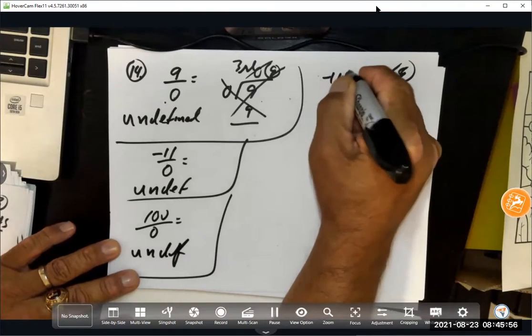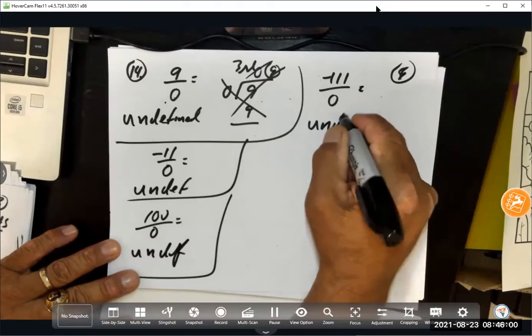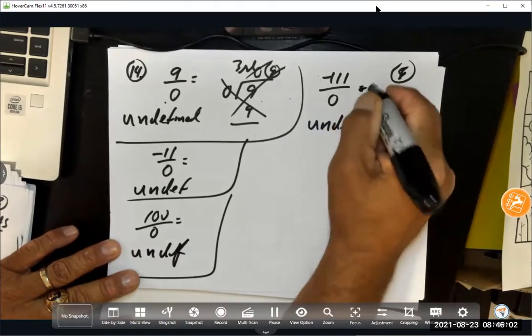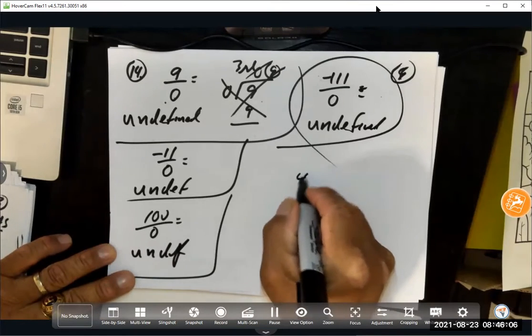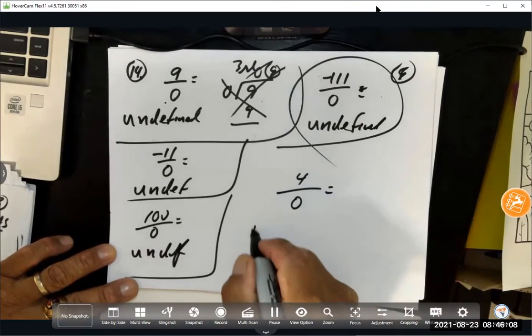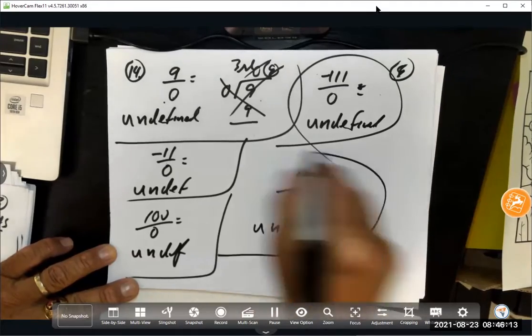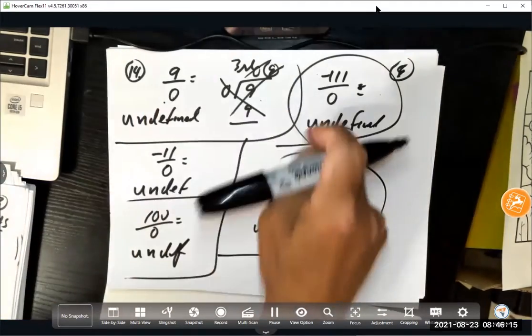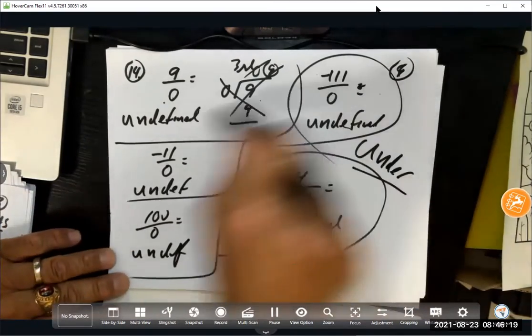You have negative 111 over 0. What are you going to write? Undefined. Okay, right there. One more. If you have 4 over 0, what are you going to write? Undefined. It doesn't work. Okay, 0's on the bottom. If it's under, you're going to write undefined.